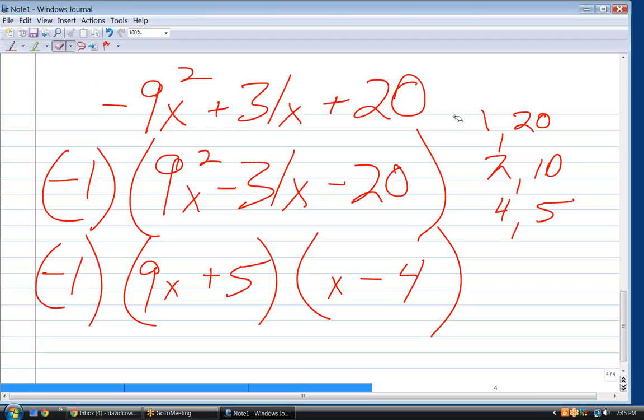And I guarantee you, you're not going to see anything tougher than this. Not if it actually factors. In other words, you might have something tougher than this that wouldn't factor. Change this to a 21, or let's say a 22, and now that thing doesn't factor nicely, and I've got to use the quadratic formula in order to come up with the answer.